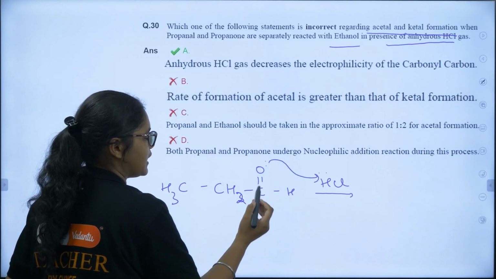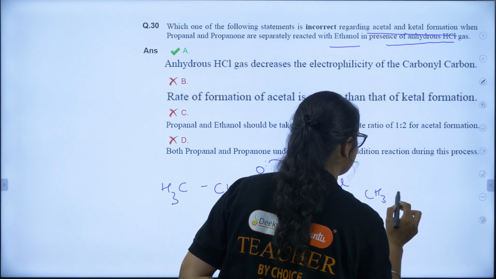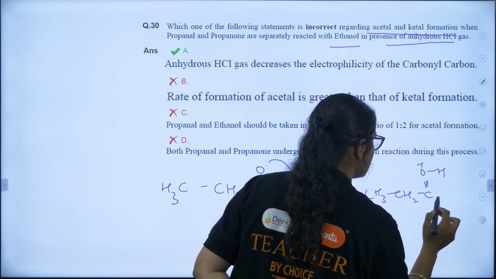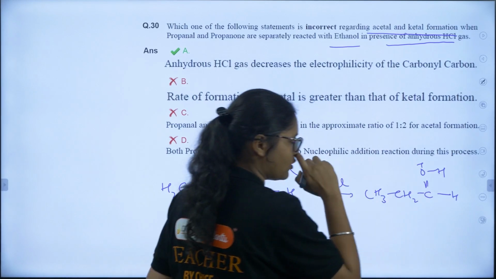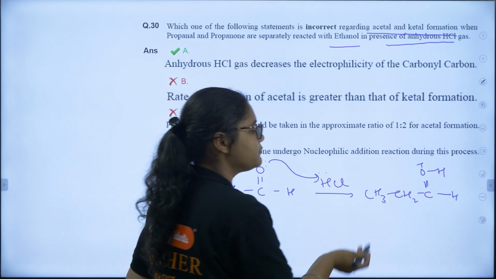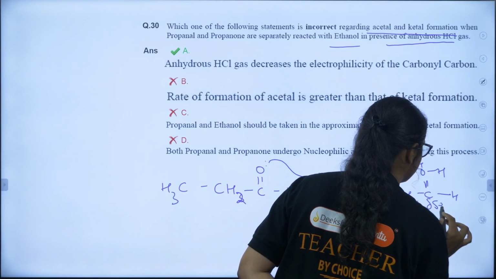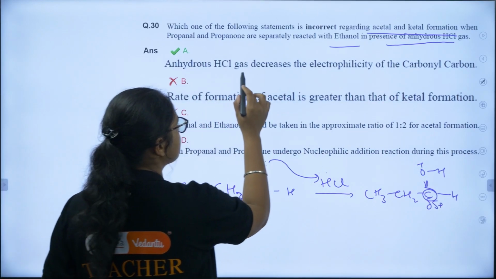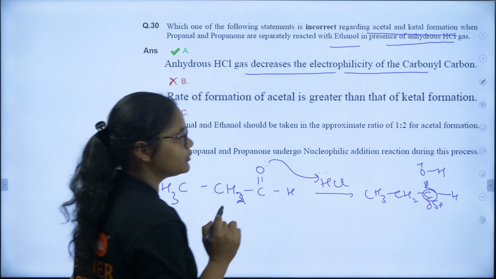As a result, we get CH3CH2CHOH plus. Since oxygen was already more electronegative, now it is oxygen plus, so it will pull more electrons and then the electrophilicity of this carbon will increase. The first statement given says it decreases the electrophilicity of the carbonyl carbon.